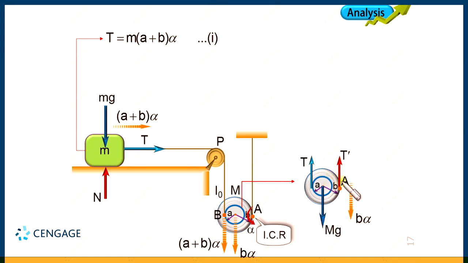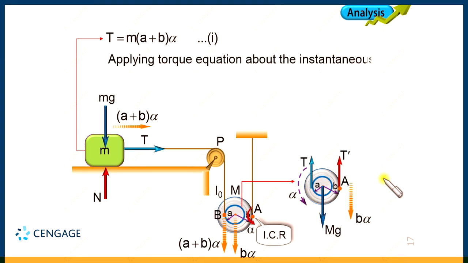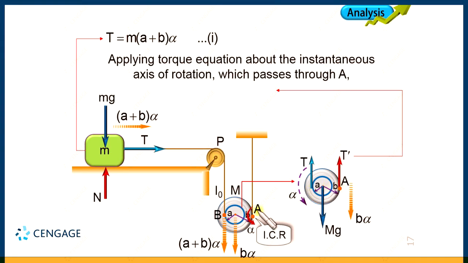Let us write the torque equation about the instantaneous center of rotation, that is about A. Let us assume we have taken the angular acceleration alpha. We can observe here this rotation is in the anti-clockwise sense, so let us take anti-clockwise direction as positive.